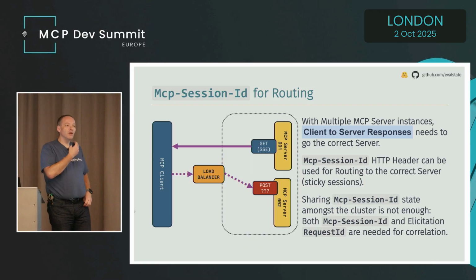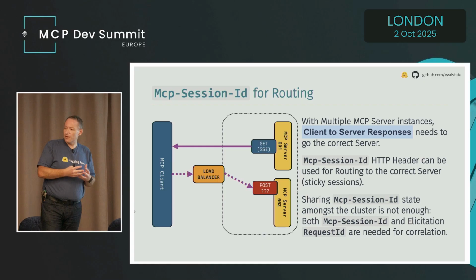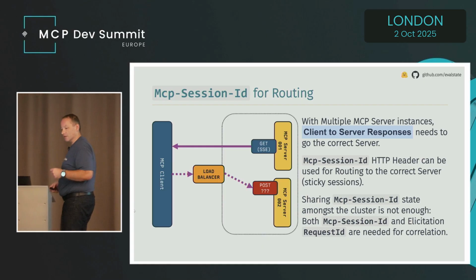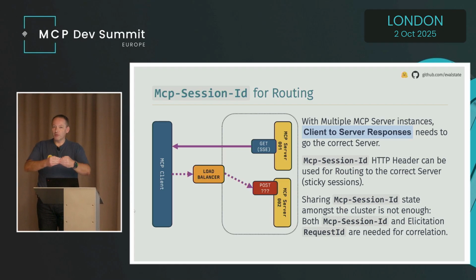So again, if you want to do this, you will need to adjust the SDKs quite significantly to work at scale. Yeah, so this is a problem that we need to get right if we want to use that bidirectional communication.